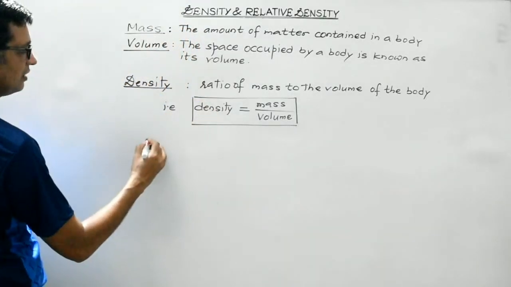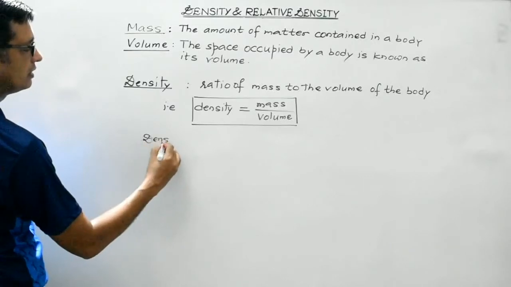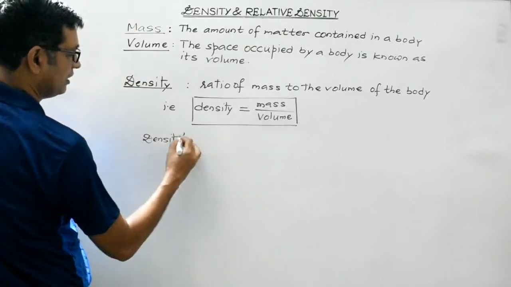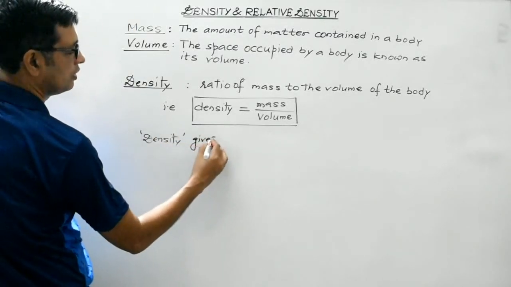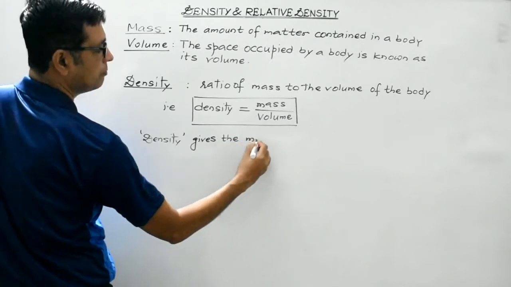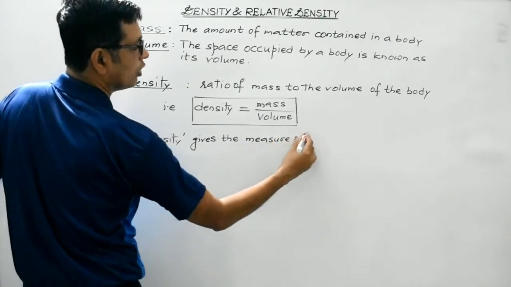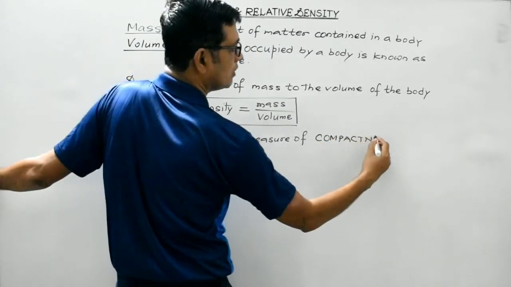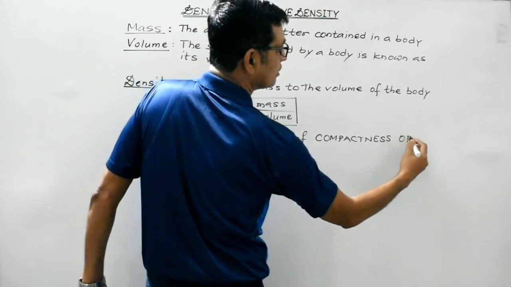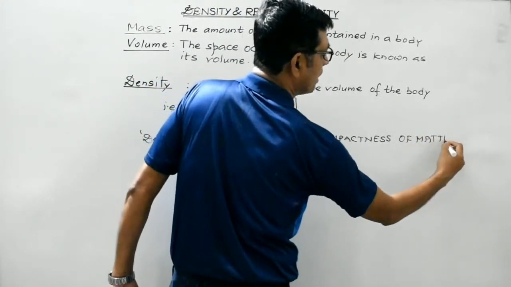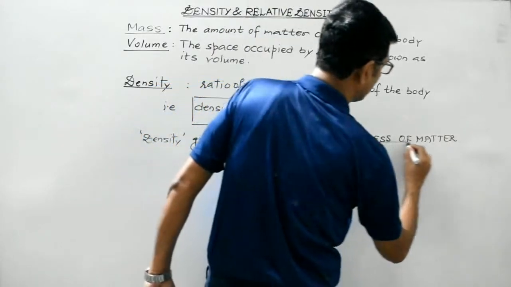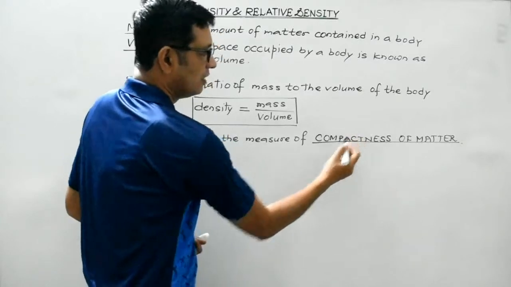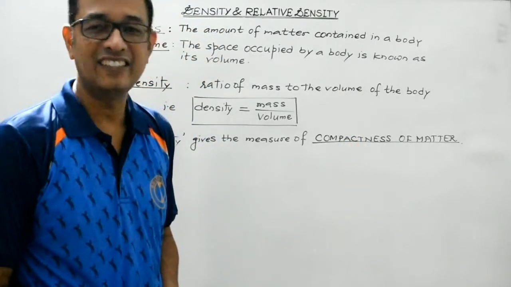So density gives the measure of compactness of matter. How compact the matter is present inside that body under consideration. So that compactness of matter is measured in terms of density.